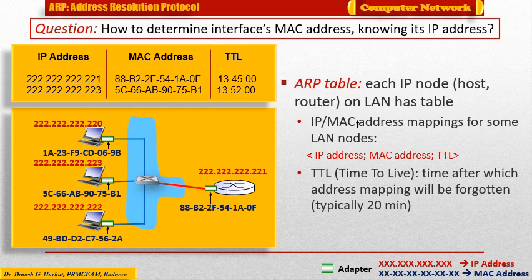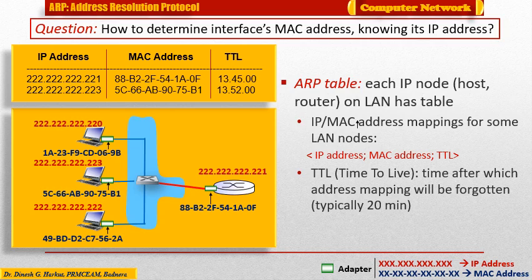Here, in this case, the sending host, that is 222.222.222.220, provides its ARP module the IP address of the destination, that is 222.222.222.222, and the ARP module returns the corresponding MAC address 49-BD-D2-C7-56-2A.